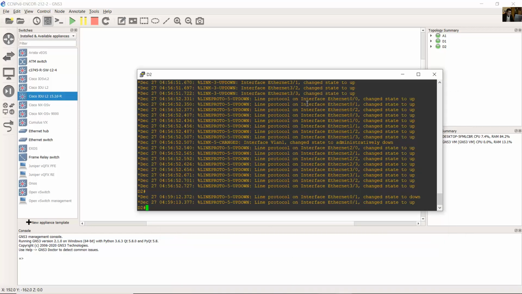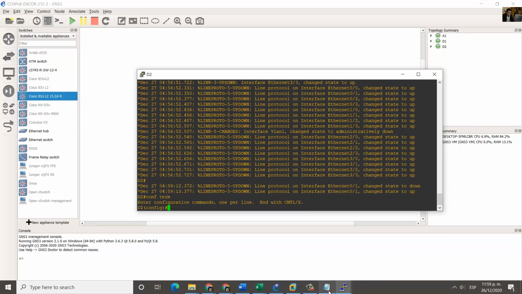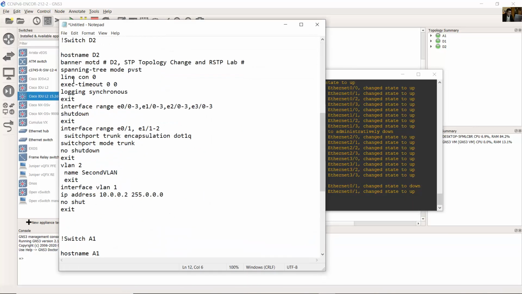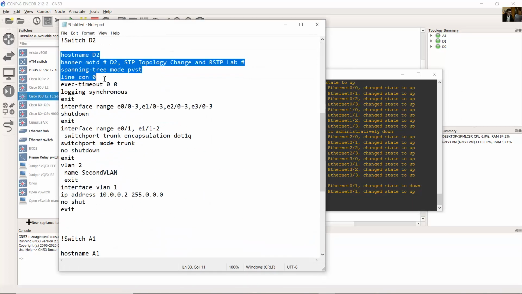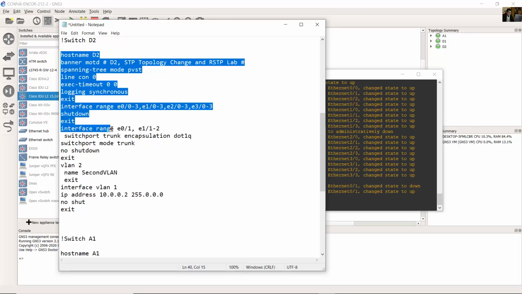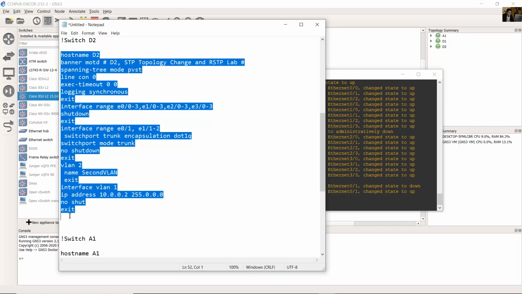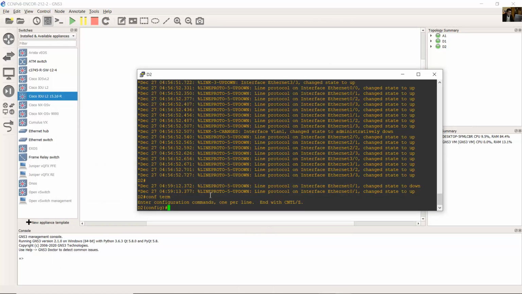And go to D2, configure terminal, create hostname, banner, spanning tree, shut down, encapsulation, mode trunk, very good. Copy, right click to paste.